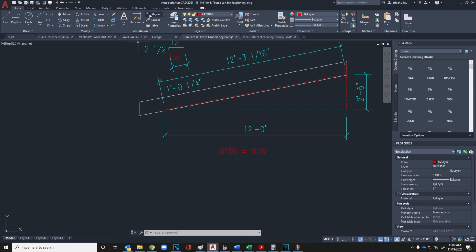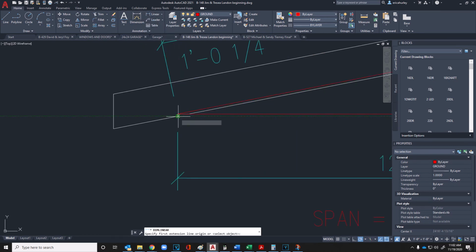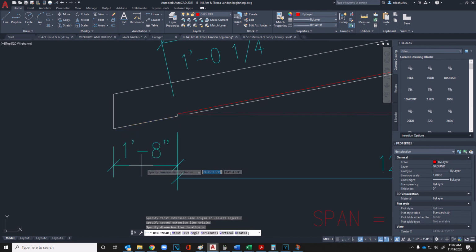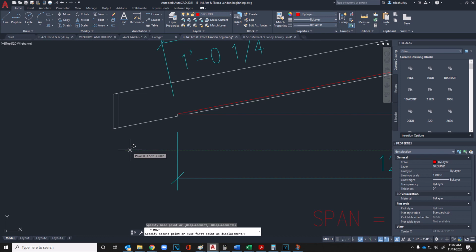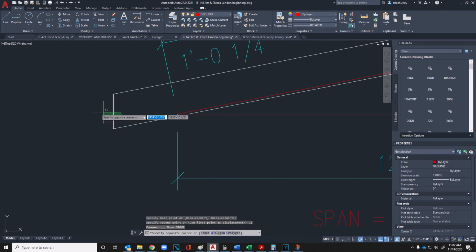So let's find out if I got this overhang correct. This overhang should be 1 foot 6 inches. Hold your breath. Oh my God, it's not. Okay, so let's move this. I have to go back and fix this plan when I'm done.